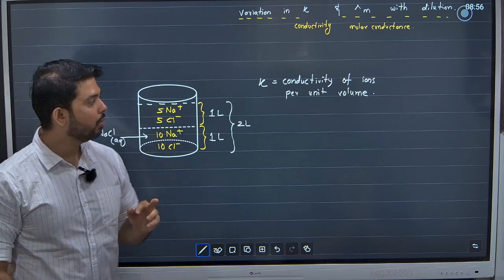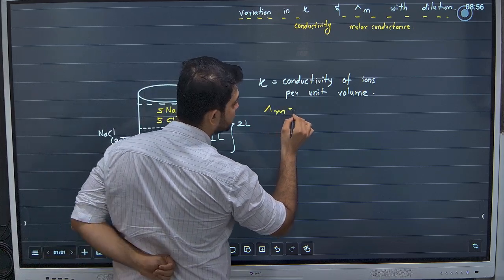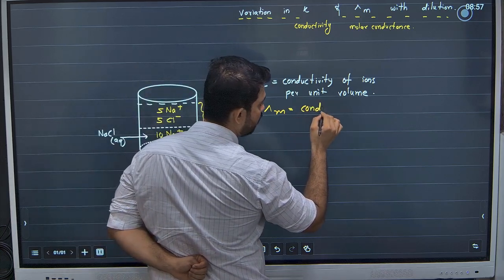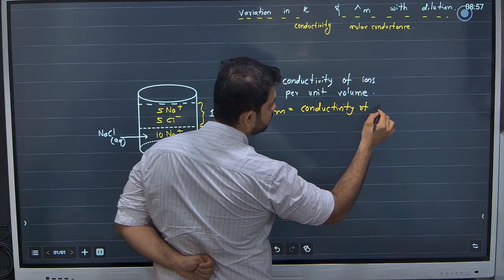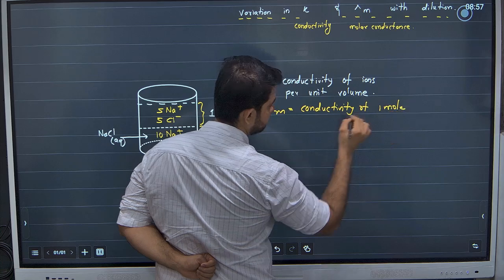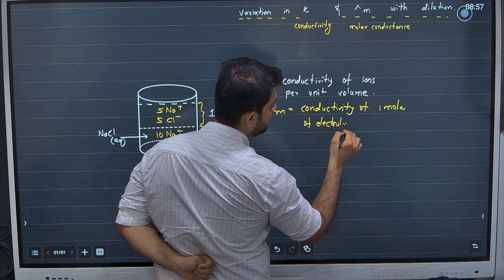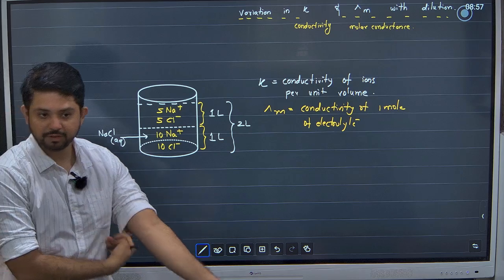But what happens to molar conductivity? How do you define lambda m? It is the conductivity of 1 mole of electrolyte in V centimeter cube solution or V volume solution.